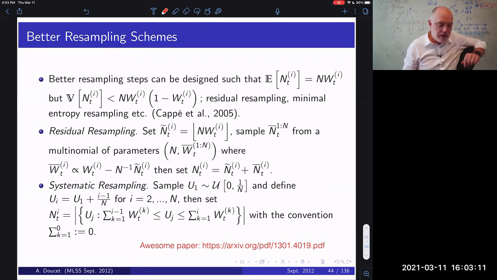There are different ways of resampling to get an unweighted particle set, and they can have large impacts on actual performance in reality. A couple of named results are residual resampling and systematic resampling. Systematic resampling is kind of fun if you construct the empirical CDF of the weights.